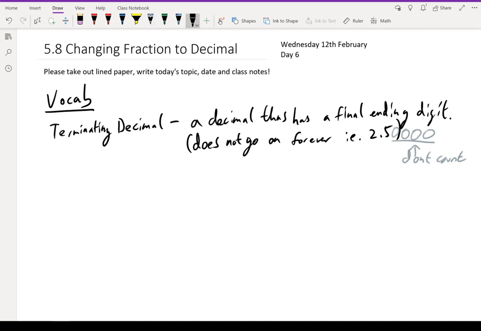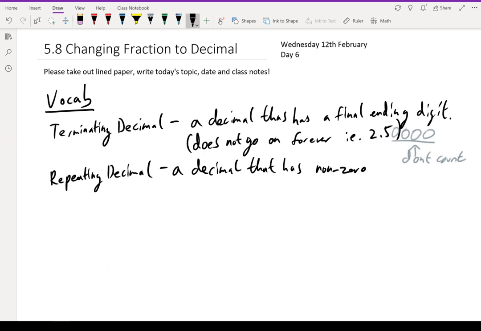Then the other one is called a repeating decimal. And what a repeating decimal is, it is a decimal that has non-zero digits that repeat at the end forever.